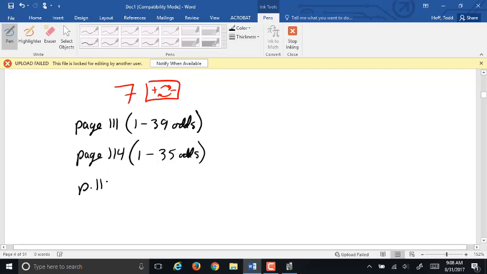Page 116, 1 through 39, the odds. And there are word problems 51 through 79, the odds.